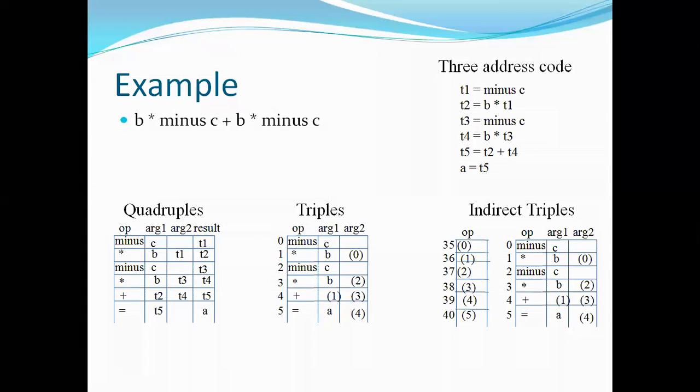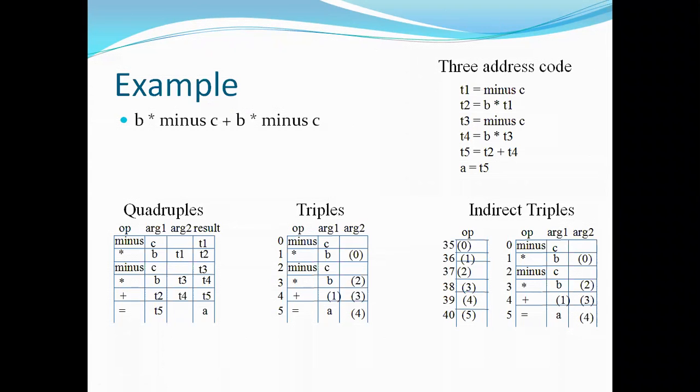References means referring to the pointers in the symbol table by taking the serial number itself. Is it clear? This is about triple representation. The table for the triple consists of only 3 fields. The use of temporary variables is avoided just by referring to the pointers in the symbol table. Make a note of this.